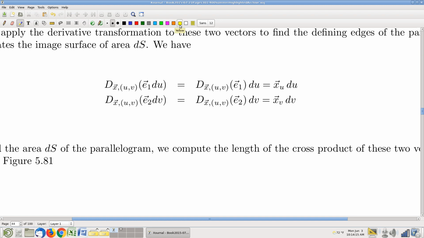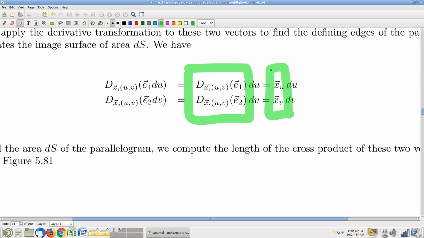In both cases, these differentials factor out. The remaining derivative transformation computations are both applied to standard basis vectors, and therefore give us directional derivatives where our velocities are standard basis vectors. In other words, it gives us partial derivatives. So all that's familiar. It's the same story that we saw back in change of variables.